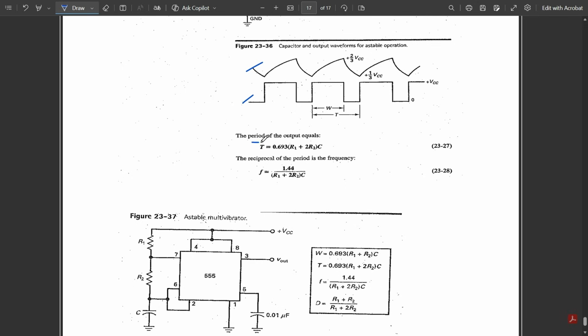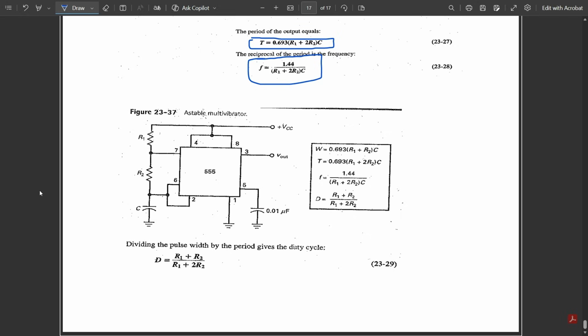The period of the output signal is given by 0.693 (R1 plus 2 R2) into C. The reciprocal of this is the frequency. We know that frequency is equal to 1 divided by time, so you would be getting 1.44 divided by (R1 plus 2 R2) into C. For the astable multivibrator circuit, you see here R1, R2 and a capacitor are used, and pin number 6 and 2 are interconnected here.